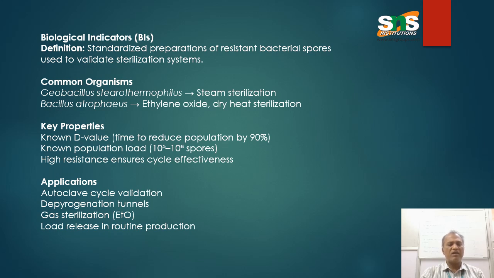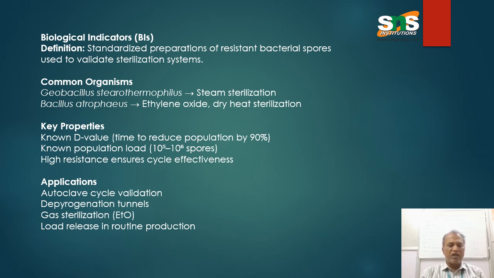So what are the common biological indicators? Geobacillus stearothermophilus is meant for steam sterilization, and Bacillus atrophaeus is for gaseous sterilization and dry heat sterilization. So what are the key properties?